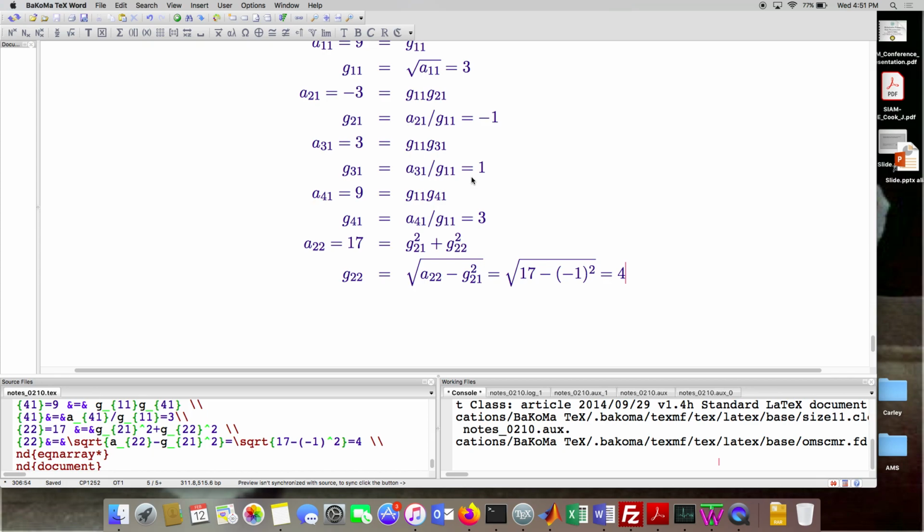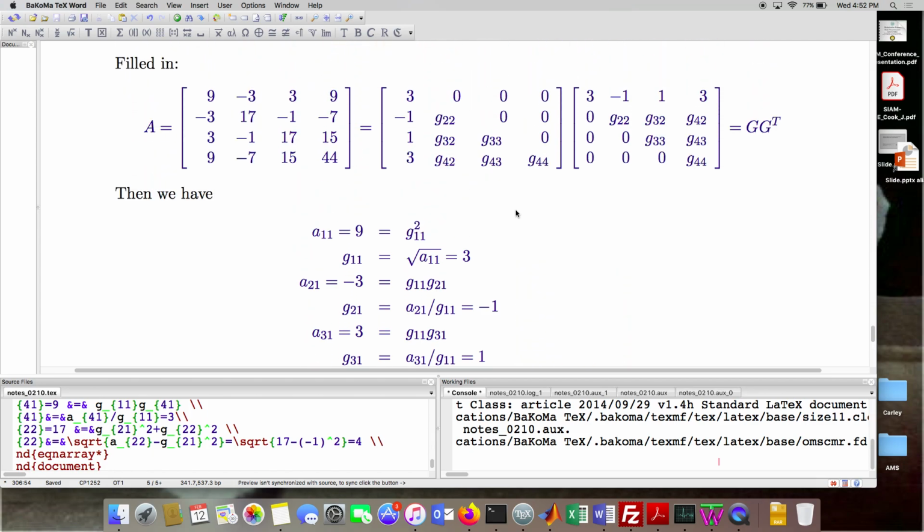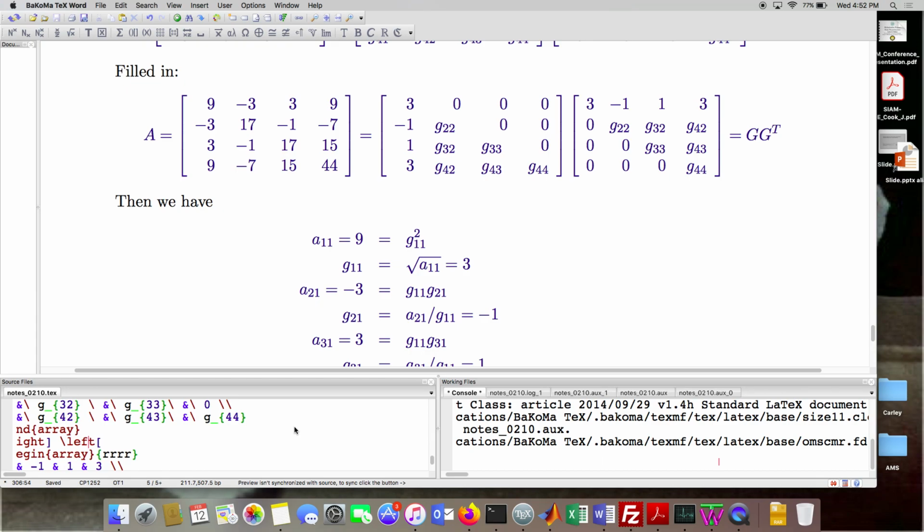If it is not, then one of these operations will fail. You'll be either dividing by 0 or taking a square root of a negative number. So probably it is the most efficient way to check, since the other way I've given you is computing determinants, which is also laborious.